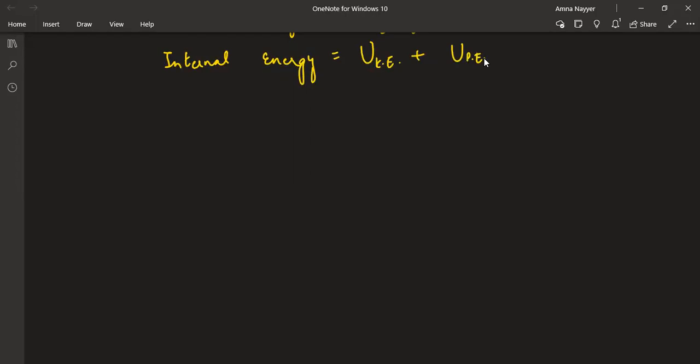But one more thing that I'll tell you in detail when we do kinetic theory: if you are talking about ideal particles, we do not consider potential energy, because we think that force will be zero for ideal molecules. We do not consider the forces that the ideal molecules exhibit. So for ideal molecules, potential energy becomes zero, and the entire energy becomes equal to the kinetic energy.